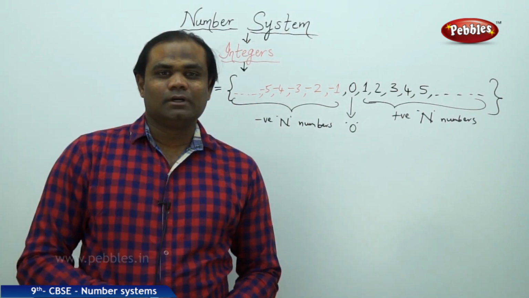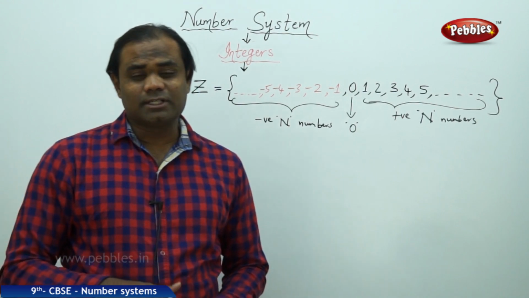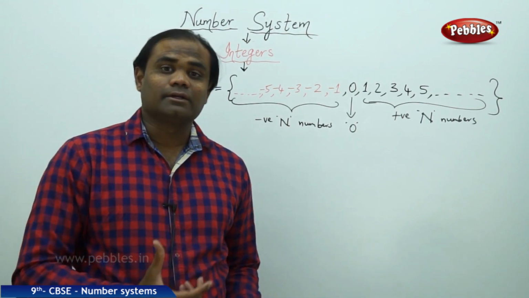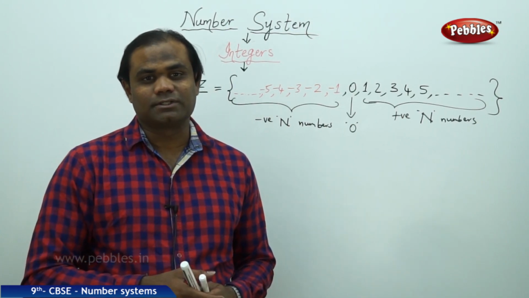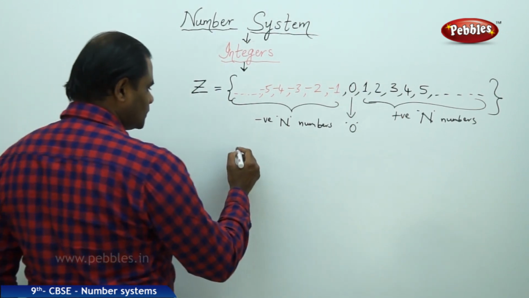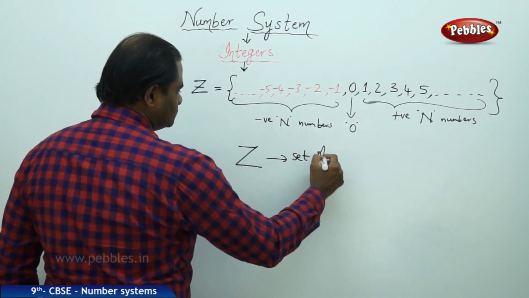Also, it is very important to note that the set of integers is further classified into positive integers and negative integers and non-negative and non-positive integers. So let's see how the classifications are done. Say for example, I have the set of integers.